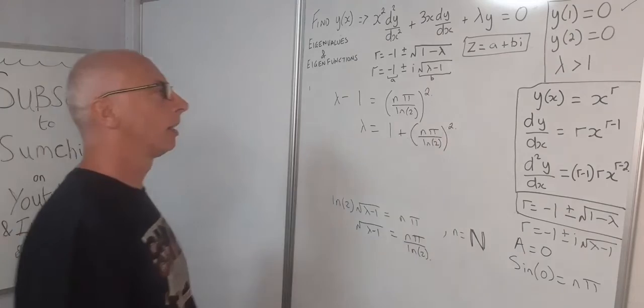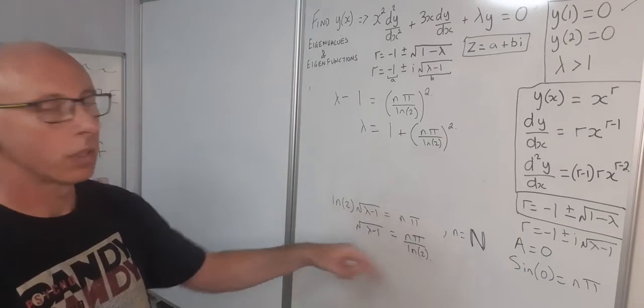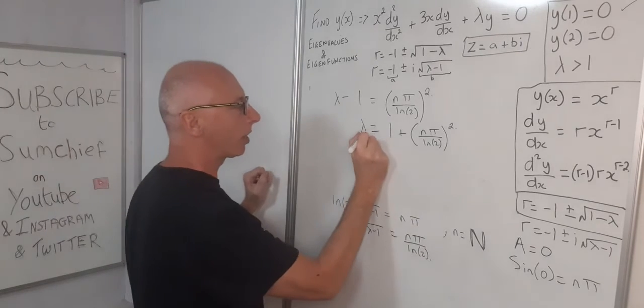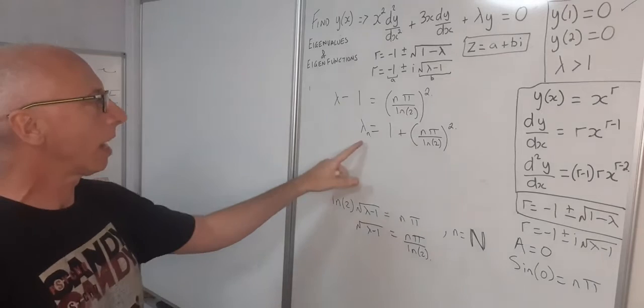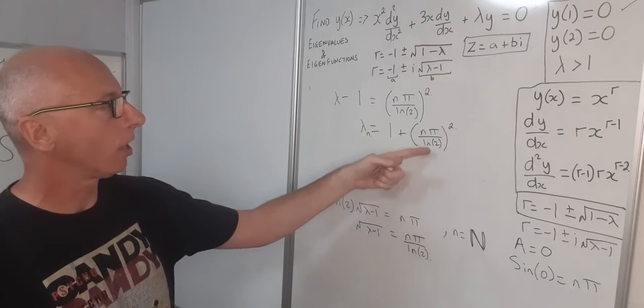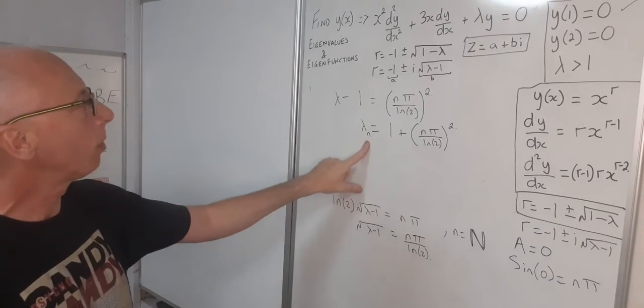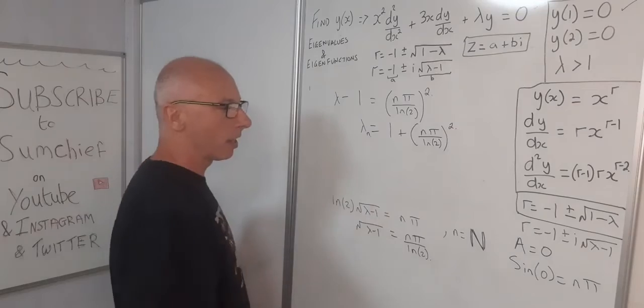squared. Now, as our n has several values, what we'll do now is give our lambda a subscript. So we'll call it subscript n. So lambda n, depending on which n we pick, equals 1 plus n pi over log of 2, squared. And then that will give us our first eigenvalue. So this is our eigenvalue.